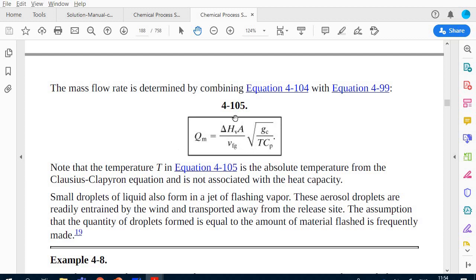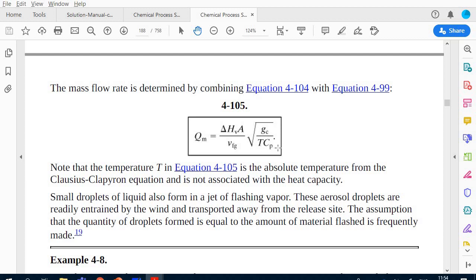Okay, so that is the equation that we have here, which is the mass flow rate, obtained by combining certain equations. So this is the equation that I have, and if I have any storage that is under pressure and I'm having some kind of flashing, these are the equations of flashing.